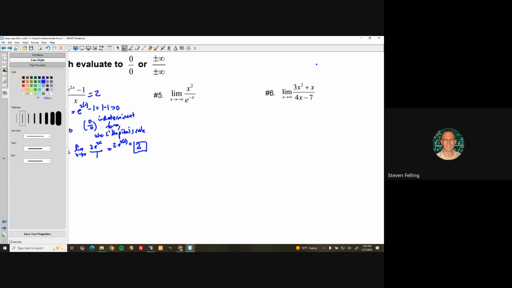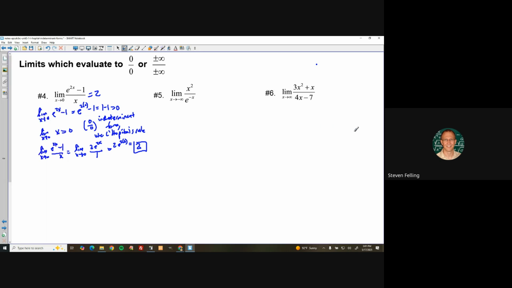Let's do another example. I'll switch colors here. So let's say I've got this. I've got something where I'm plugging a large number in here, and I'm getting an infinity, and e to the negative infinity, that's actually going to be an infinity as well. So I believe this is the form infinity over infinity, but to show that, I'm going to show the limit in the numerator as x approaches negative infinity of x squared.